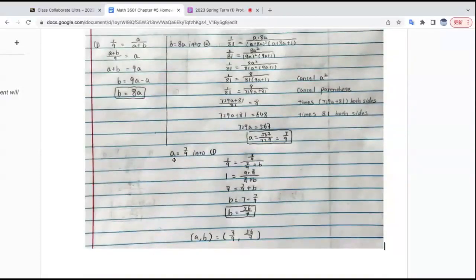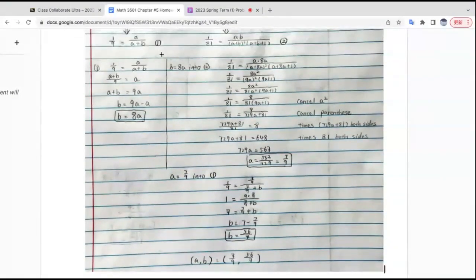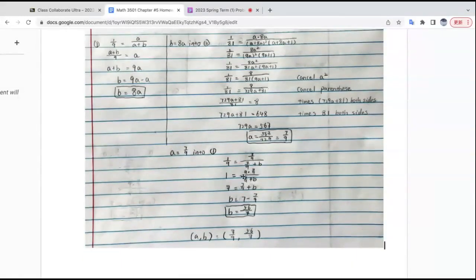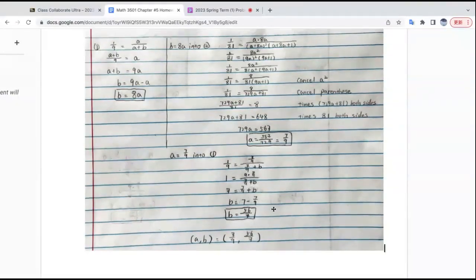So just use a equal to 7 over 9 in equation 1. Then make a calculation, and we get b is equal to 56 over 7. So the answer is 7 over 9 comma 56 over 7.